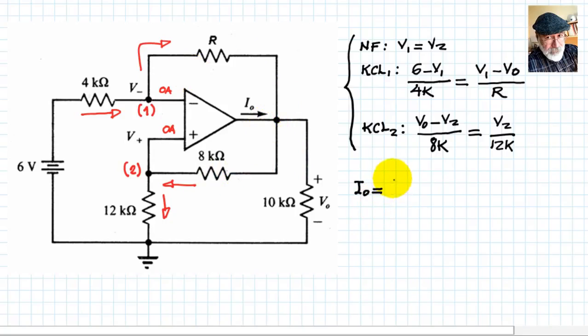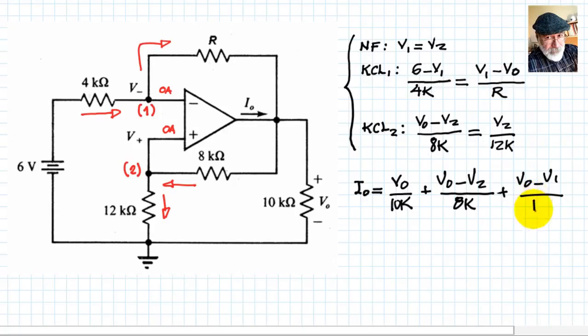That is V0 divided by 10 kilos, the current through the load on the far right, plus the current at the bottom, which is V0 minus V2, which is going to be V1, of course, according to the negative feedback equation, divided by 8 kilos, plus the current at the top, which is V0 minus V1 divided by R. By the way, the R we're going to be using is 1,000 times the R specified by the problem.